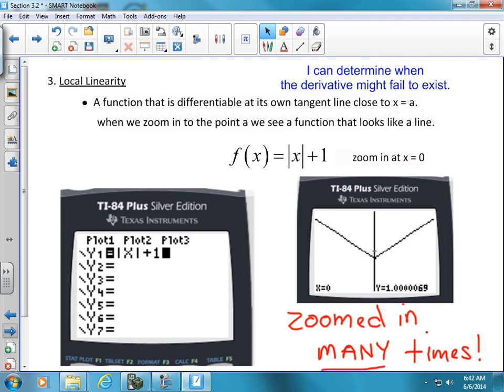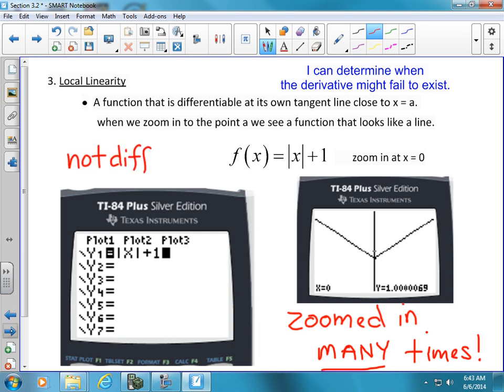Let's look at local linearity. A function that's differentiable at a point has a tangent line close to a. When you zoom in on the point, the function looks like a line. It will look like the tangent line at that point. If you zoom in to a function at a point and you do not see a line, it does not have local linearity, and therefore it is not differentiable.